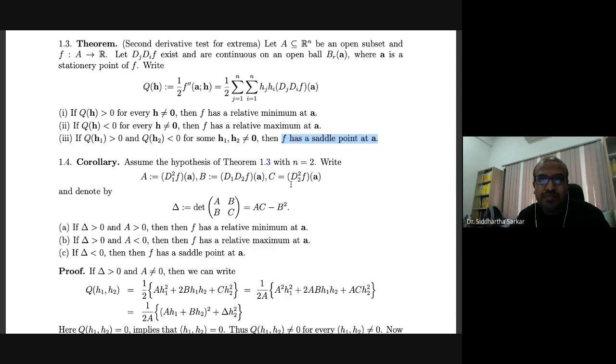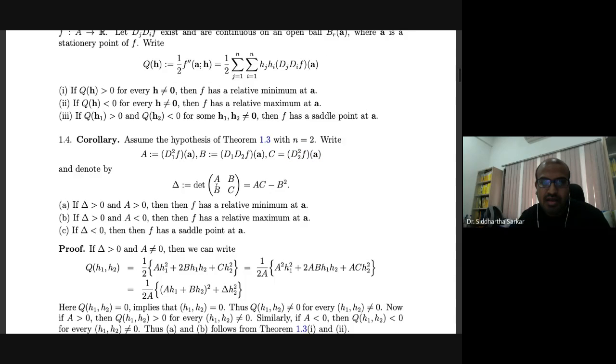Here in this case, I'll take n to be 2, the same notations, and I'll denote the second partial derivative with respect to the x_1 coordinate, that is d_1 squared f computed at a, by A. The mixed index derivative computed at a is B, and d_2 squared f is C. And then you form the matrix A, B, B, C, take its determinant, and you call it delta.